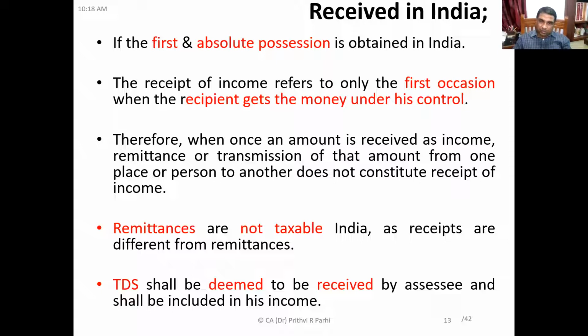And once the amount of money is received as income, the remittance or transmission of the amount from one place or one person to another person does not constitute receipt of income. So remittances are not taxable in India, as receipts are different from remittances.